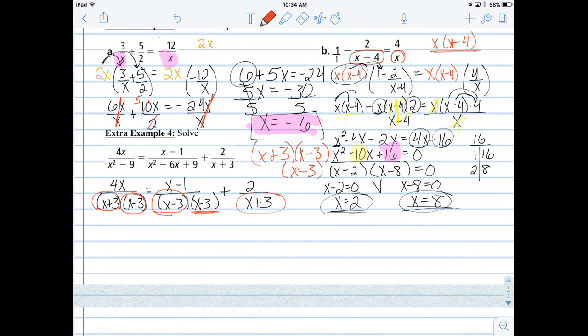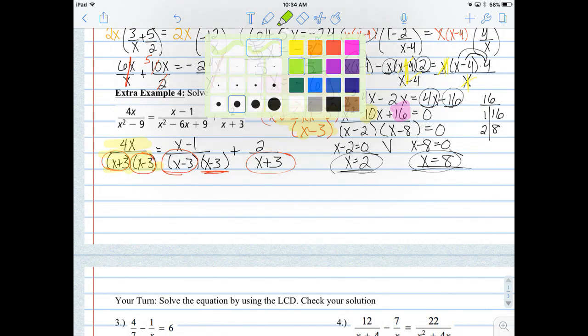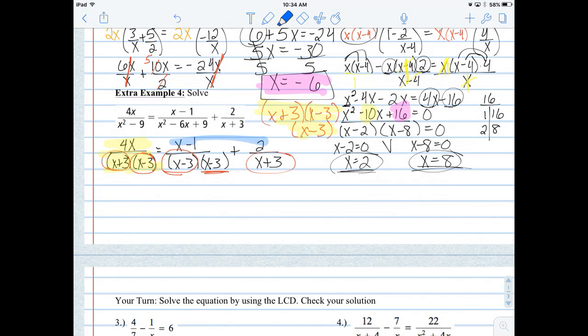So I'm going to need 2 x minus 3s and an x plus 3. That's what I want to multiply both sides by. So I'm going to take this entire side right here and multiply by that. And then I will take this entire side and multiply by this as well.